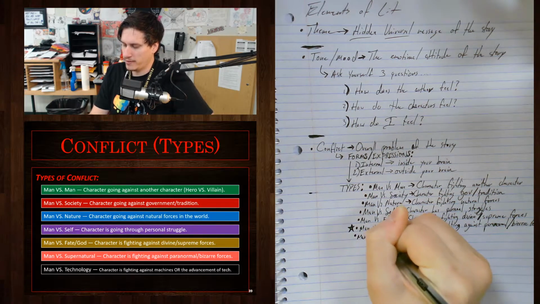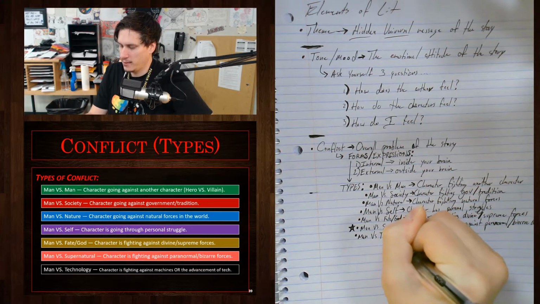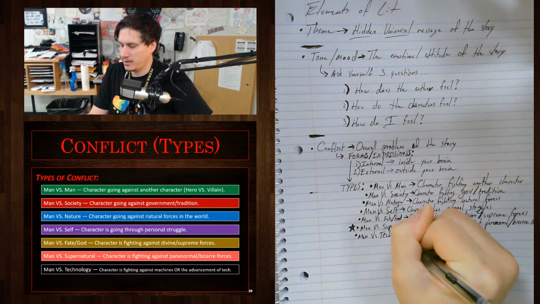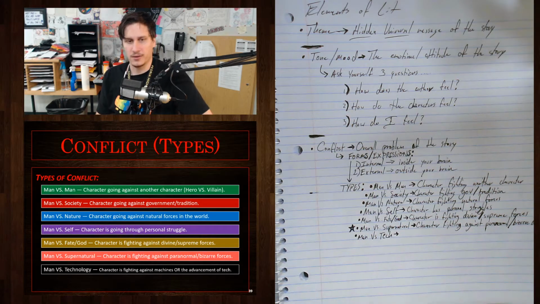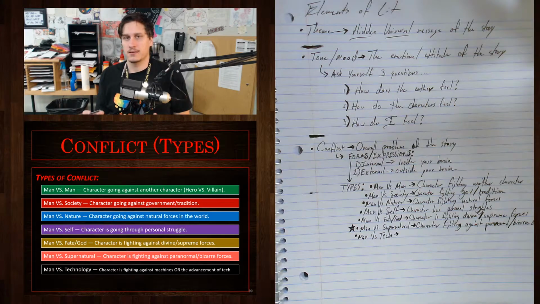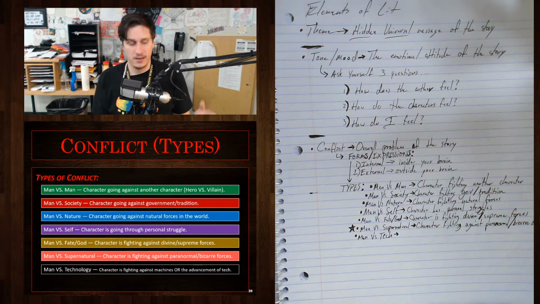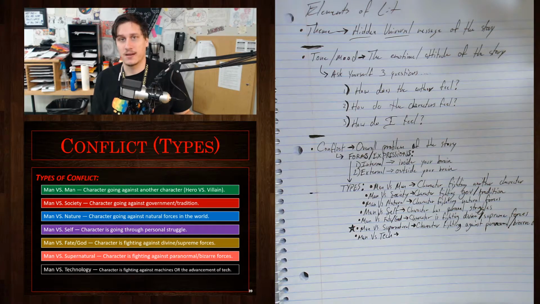Okay, Man versus Tech. Man versus Tech has two different definitions, so you need to be careful on this one. The first definition is quite literally a character fighting technology, a character who has to fight a machine somehow. That could be The Matrix, where you have humans against machines.